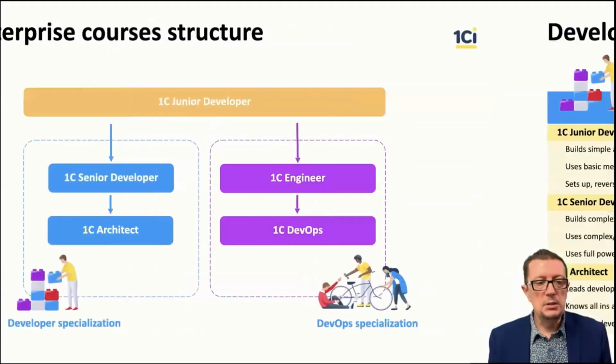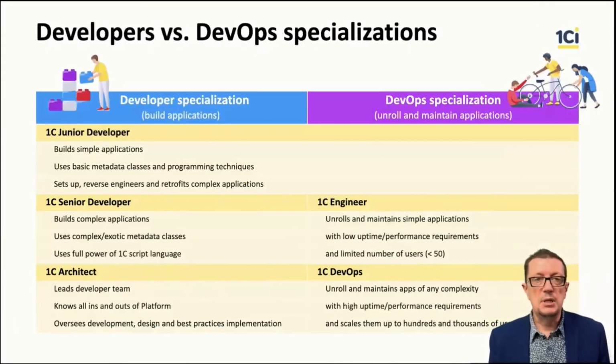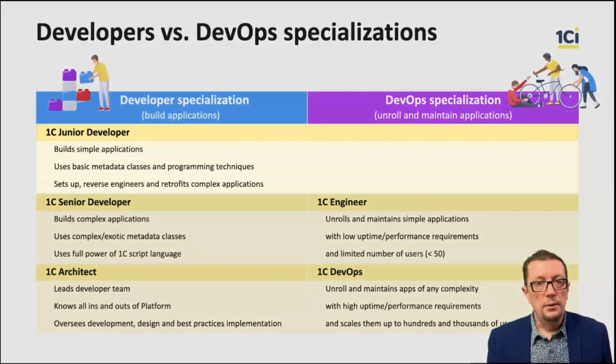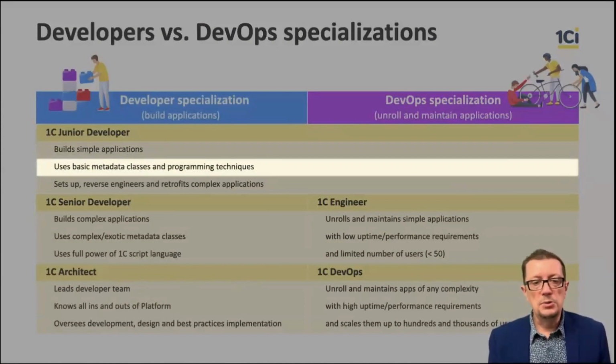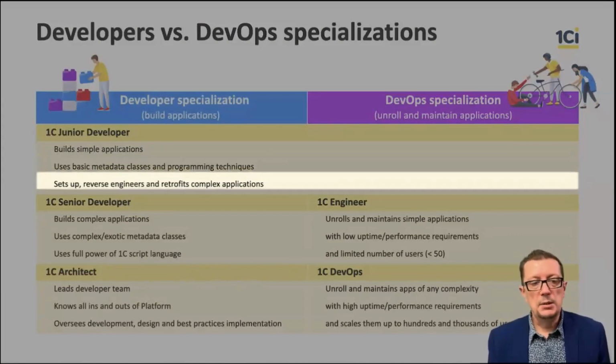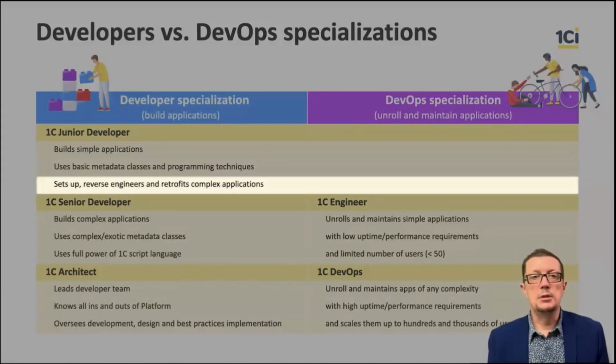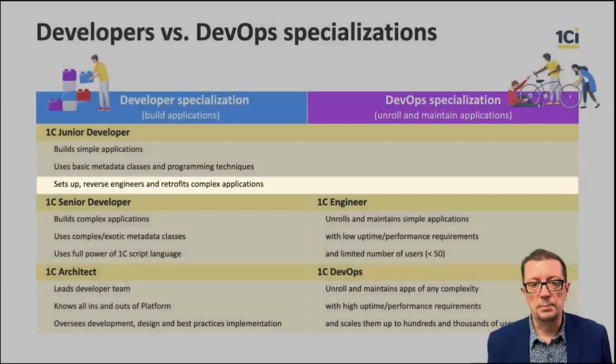And this is the more detailed table that describes skill sets professionals gain after taking each of the courses. The junior developer knows how to build relatively simple applications, how to use the most common metadata classes and programming techniques, and how to reverse engineer and modify complex applications like 1C Drive, for example.